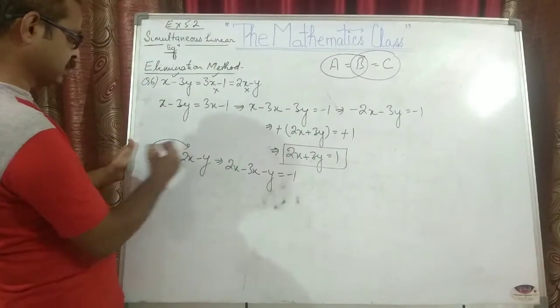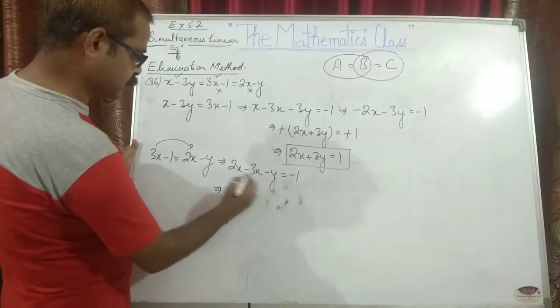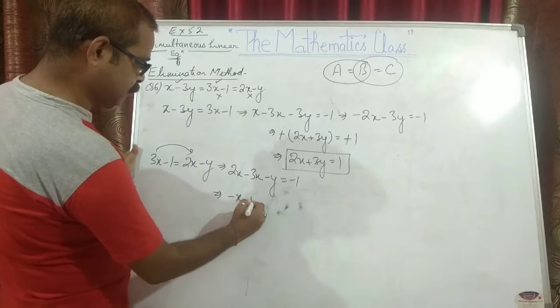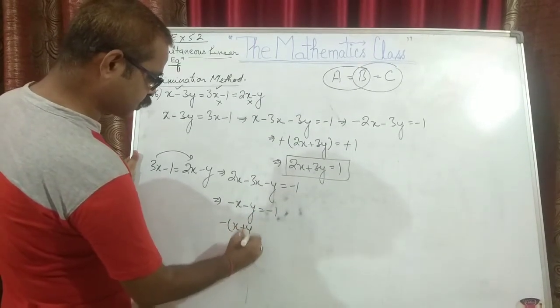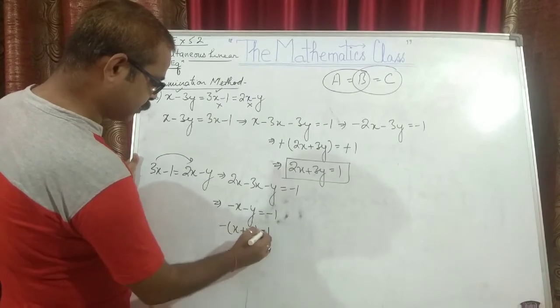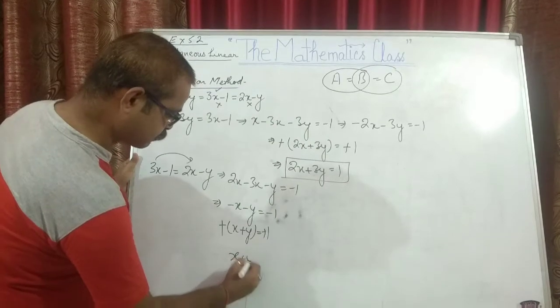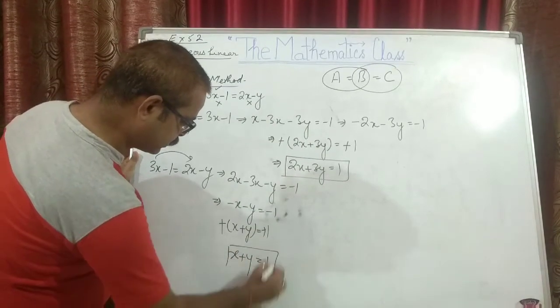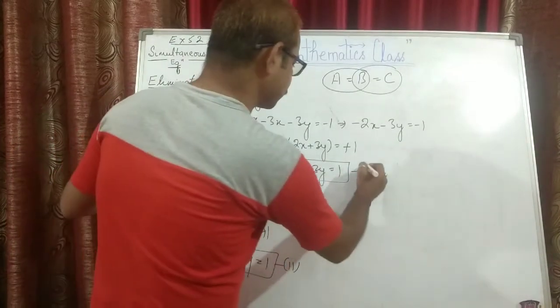This moved to this side, so it will become negative. So here we can see 2x minus 3x is minus x minus y is equal to minus 1. Minus is common, so x plus y is equal to 1. When minus 1 and minus cancel, we got the second equation as x plus y is equal to 1. This is the second equation and this was the first equation.